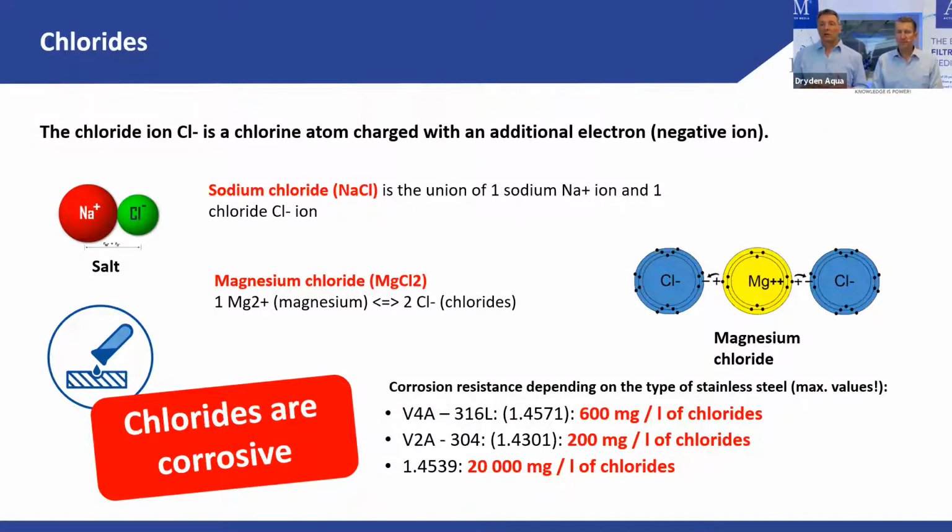So I was told that it depends on the chlorides, and the maximum value you can have for V4A or 316L, or the journal number is 14571, depends a little bit on the supplier. It's 600 milligrams of chlorides per liter. And if you have V2A 304, it's 200.